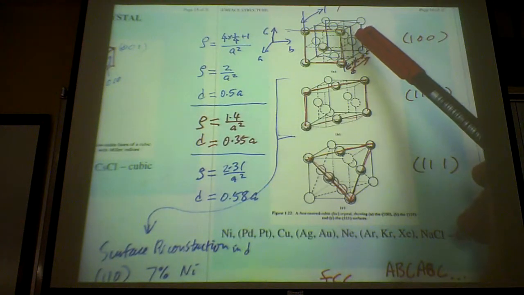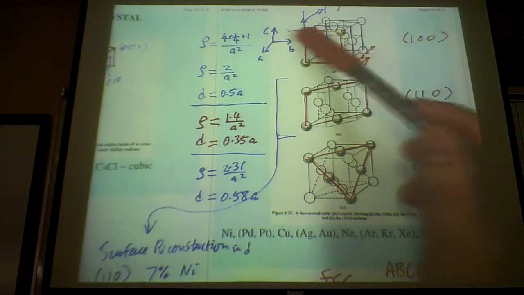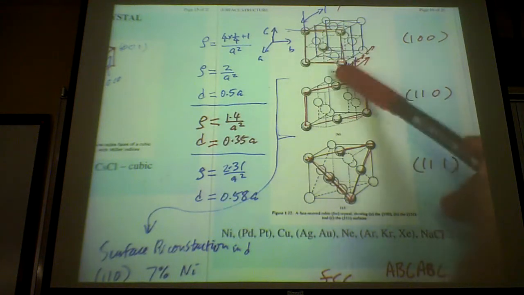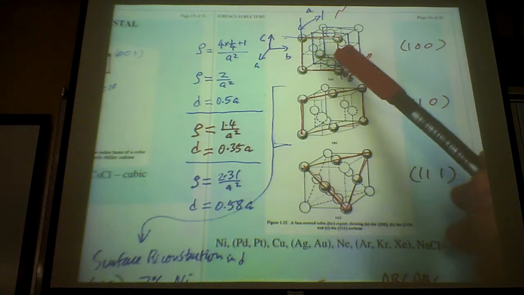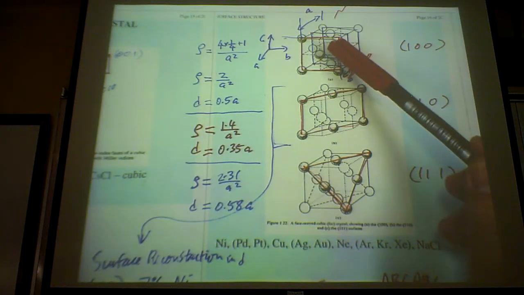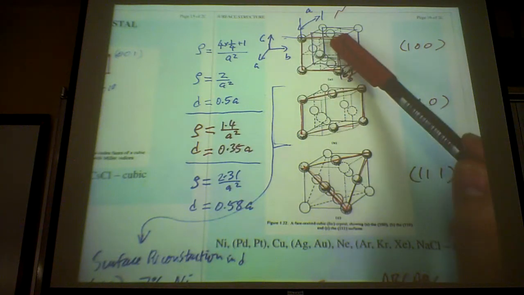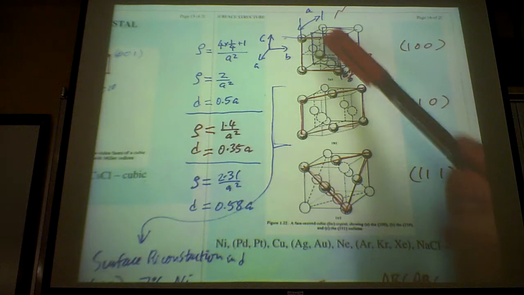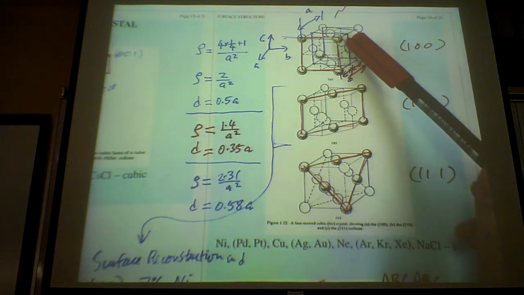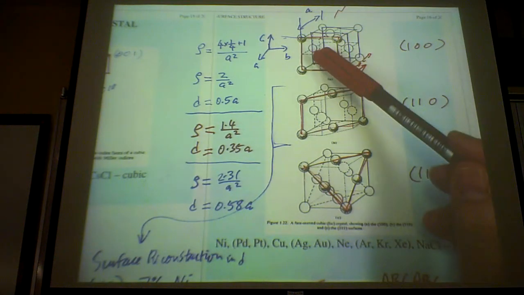Let's see. We can take an example. For example, this one. Let's say you look at this plane. The surface density of this one is 2, because you have 4 corner atoms, each of them part of 4 unit cells, plus 1 in the middle.